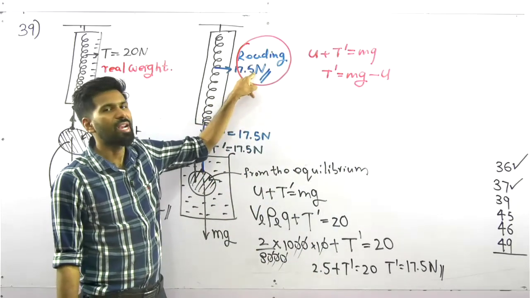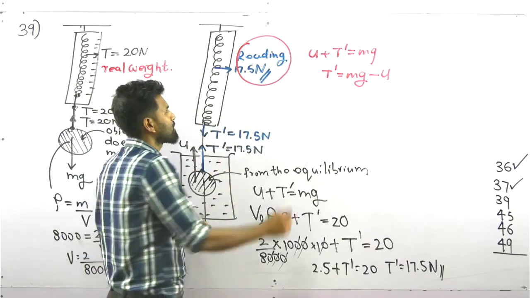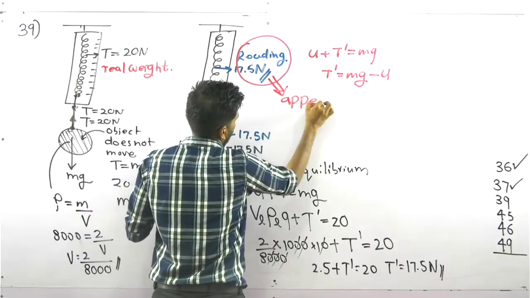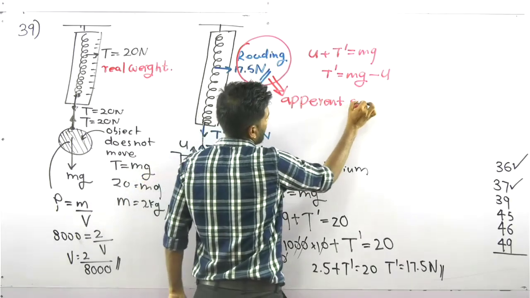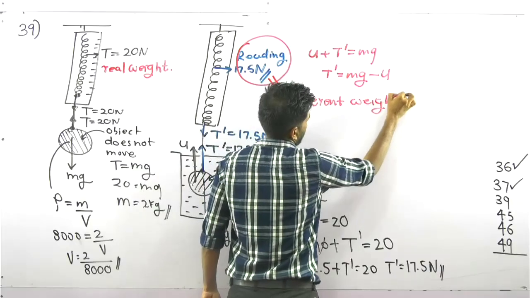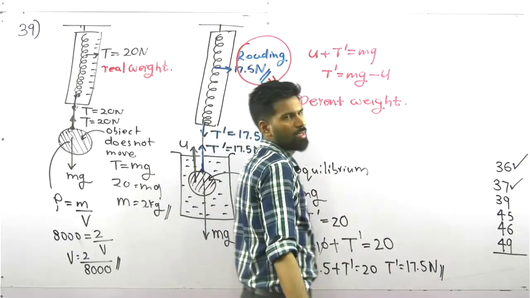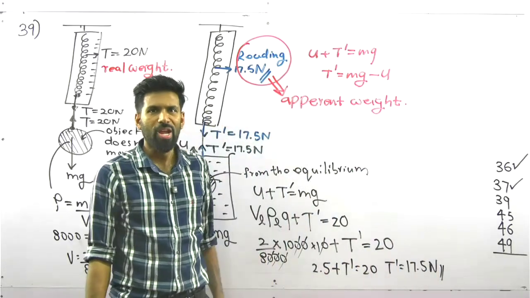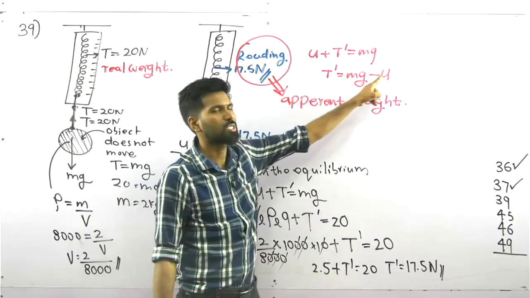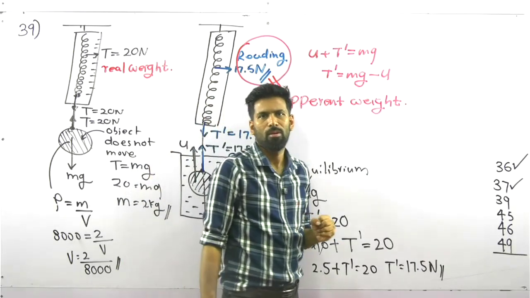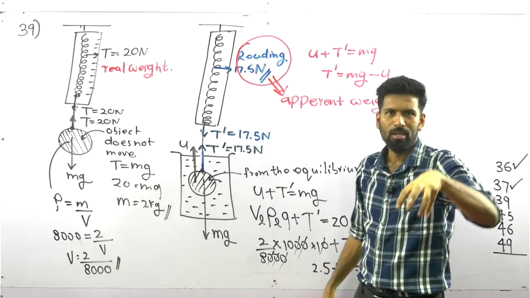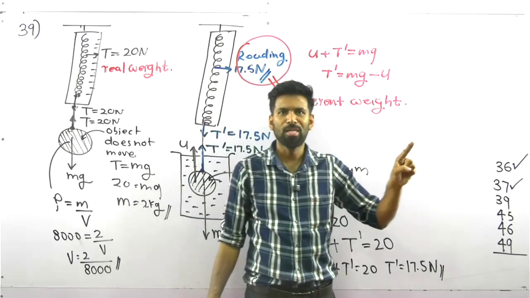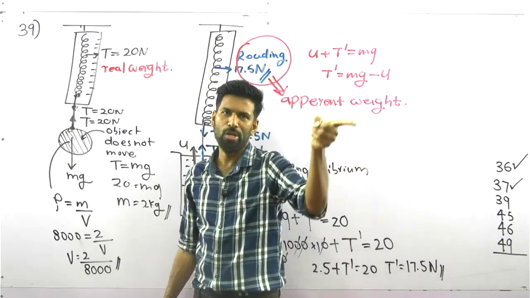That kind of a reading, the tension becomes the reading, and it is known as the apparent weight. Write it. Remember that word. Apparent weight. In a question, if they tell you apparent weight, they are giving mg minus U as the full value. When an object is inside the liquid while attached to a spring balance, it always reads the tension.